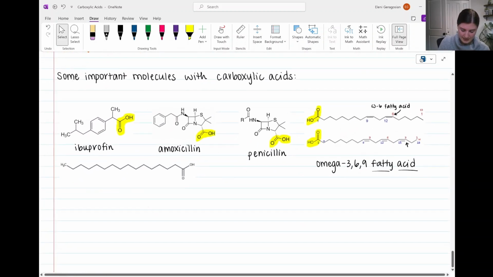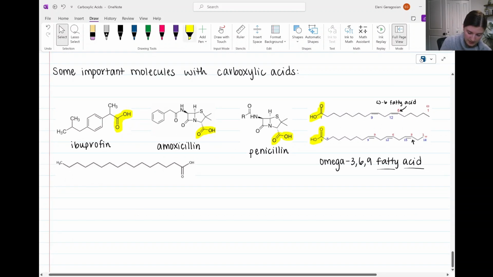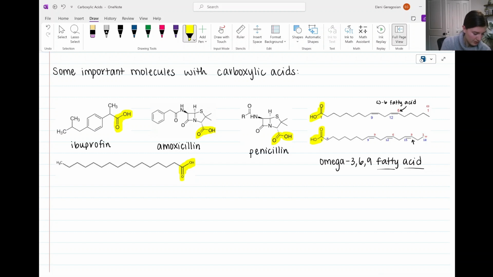And then this molecule down here, again, we'll highlight the carboxylic acid. This molecule has many carbons in that saturated carbon chain. This is palmitic acid, which is the fatty acid in palm oil.